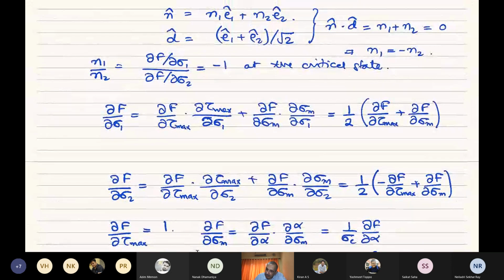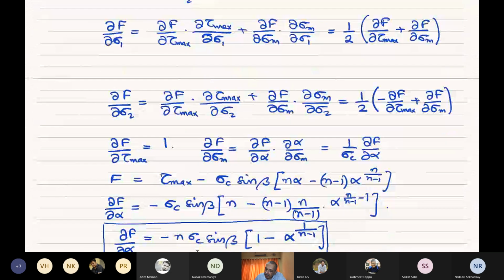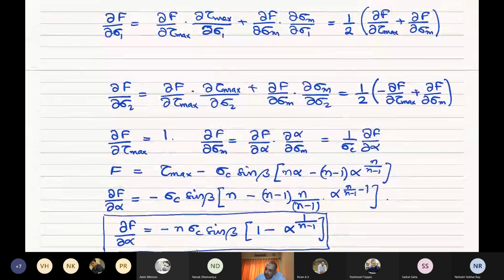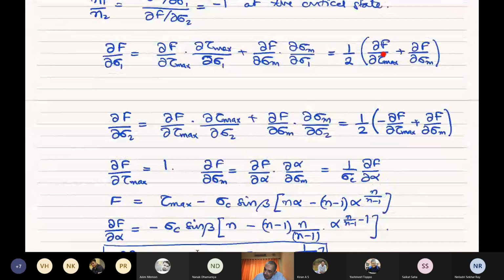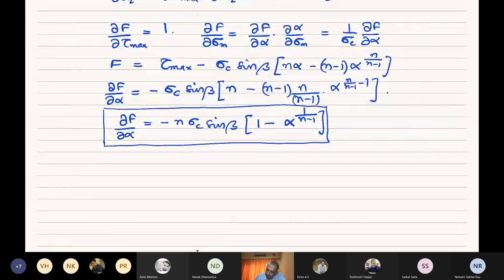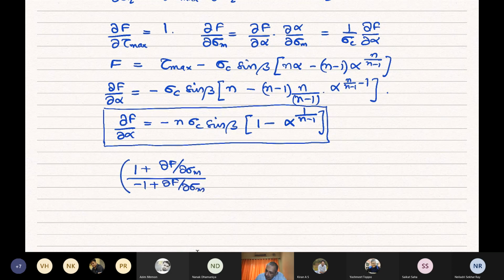Now let's just go back here. We have already shown that this ratio is equal to minus 1. That means if I take the ratio of this to this, it should be minus 1. But we already shown that this is 1. So what we have is 1 plus del f by del sigma m divided by minus 1 plus del f by del sigma m is equal to minus 1.